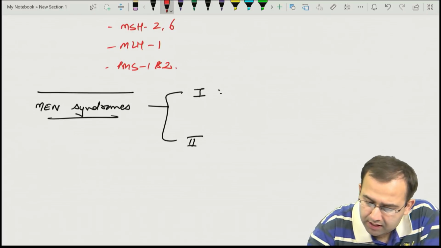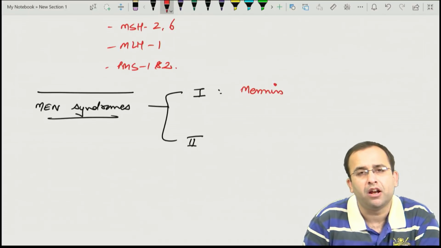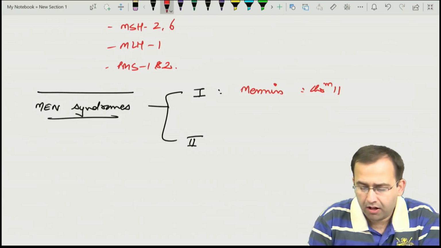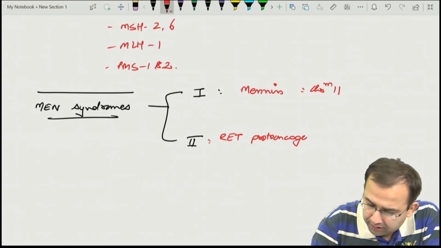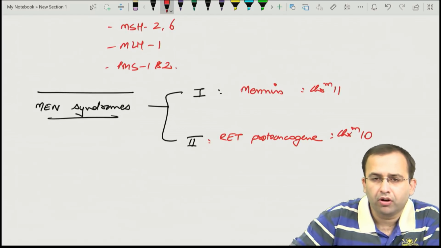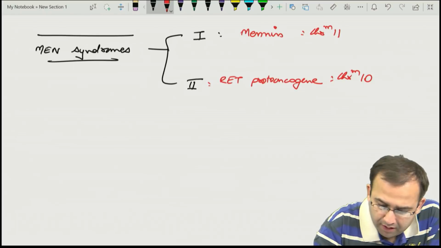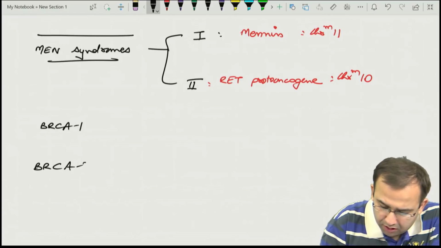MEN 1 is associated with mutation in tumor suppressor gene menin, present on chromosome 11, versus MEN 2, which is RET proto-oncogene mutation, present on chromosome 10.